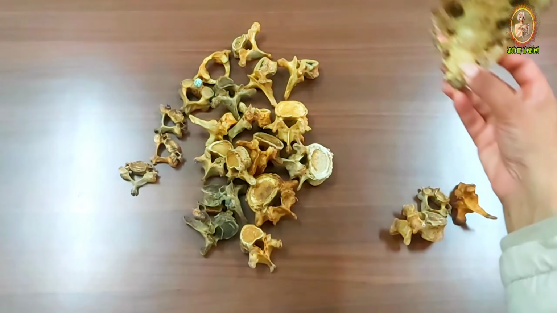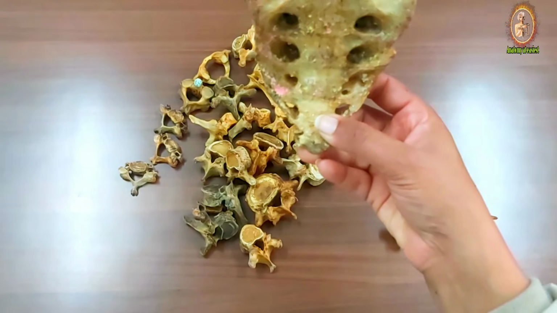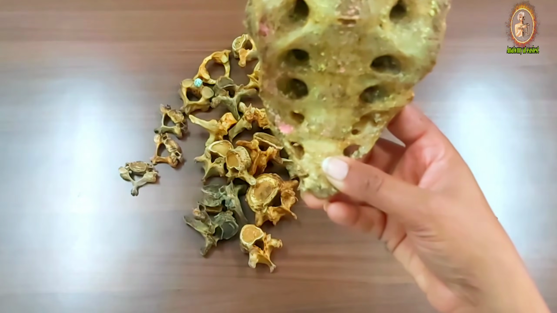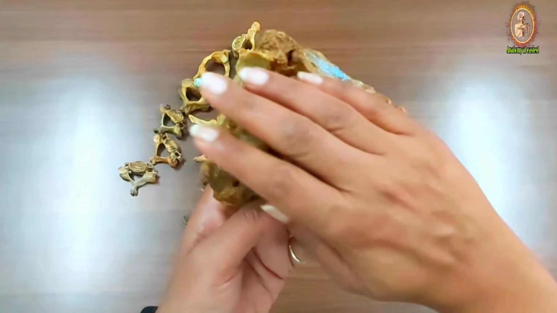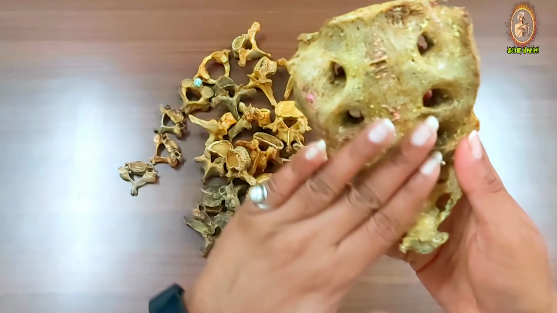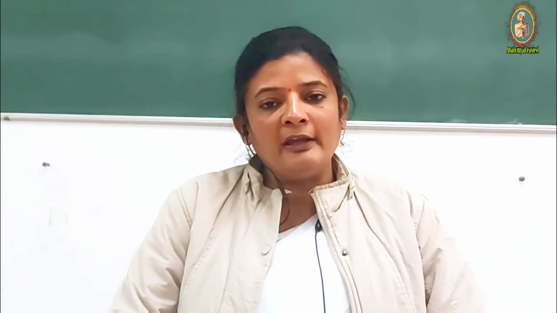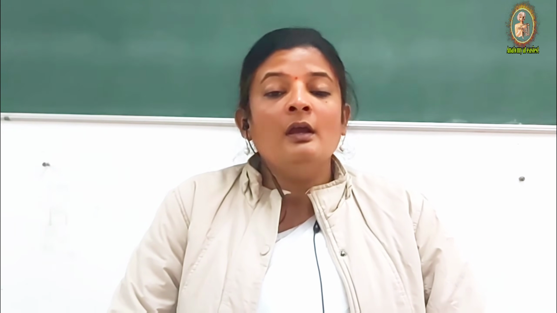And the sacrum, you can very easily identify as a large triangular piece of bone with a rough posterior surface and a smooth anterior surface. That is all about the main identifying features of all the vertebrae. The distinguishing features between the individual vertebrae of any region will be discussed in the detailed videos of vertebrae of that particular region.